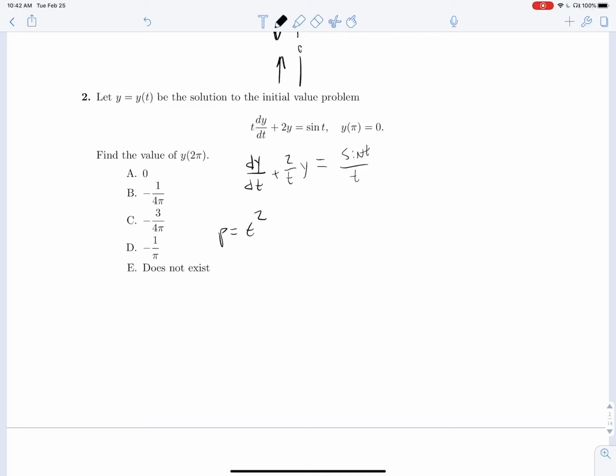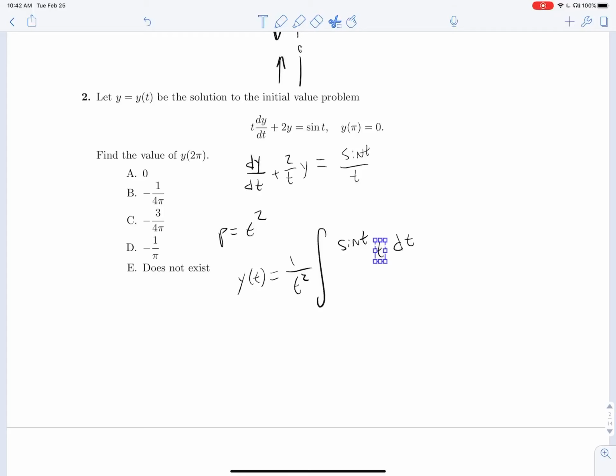So now we can set up our solution as y of t is equal to 1 over rho, so 1 over t squared, times the integral of q of t, sine t over t, multiplied by rho of t squared dt. So we will cancel here.